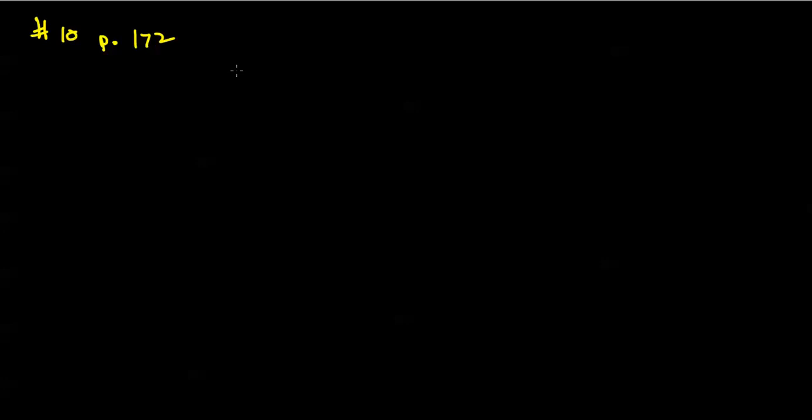From past experience, she estimates there is a 0.92 probability that the calculator will work on any given day. Alright, so the probability that one calculator works, I'll say G works, or it's good. The probability that one is good is 0.92. It tells us that explicitly in the problem, right?